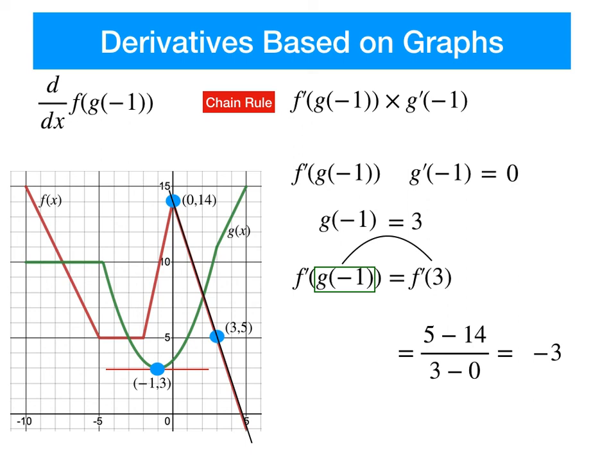We're going to put f prime of g of negative 1 and g prime of negative 1 into the formula to find the derivative. So we have negative 3, which is f prime of g of negative 1, and 0. Multiply these two together, negative 3 times 0 is 0. So the answer for the derivative of f of g of negative 1 is 0.